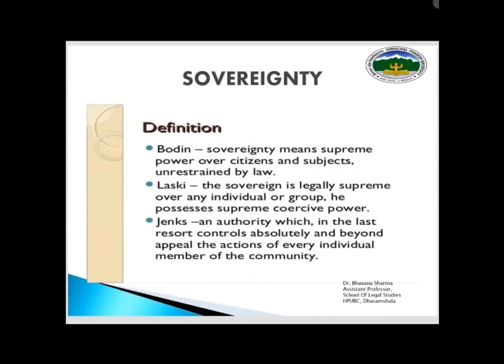Sovereignty has been defined by different jurists. Bodin says sovereignty means supreme power over citizens and subjects unrestrained by law, whereas Lusky says the sovereign is legally supreme over any individual or group. He possesses supreme coercive power, whereas Jenks defined sovereignty as an authority which, in the last resort, controls absolutely and beyond appeal the actions of every individual member of the community.